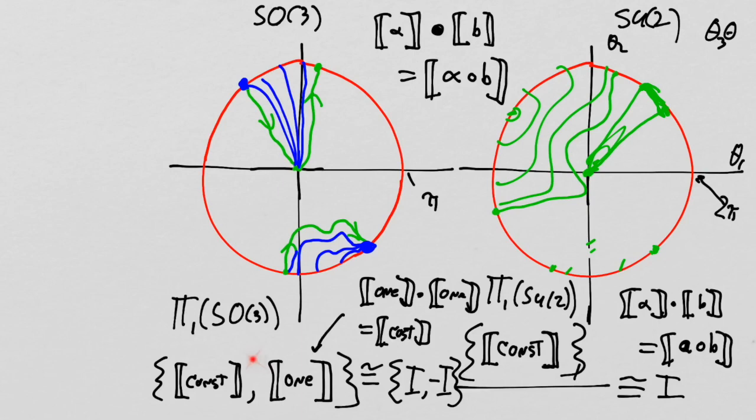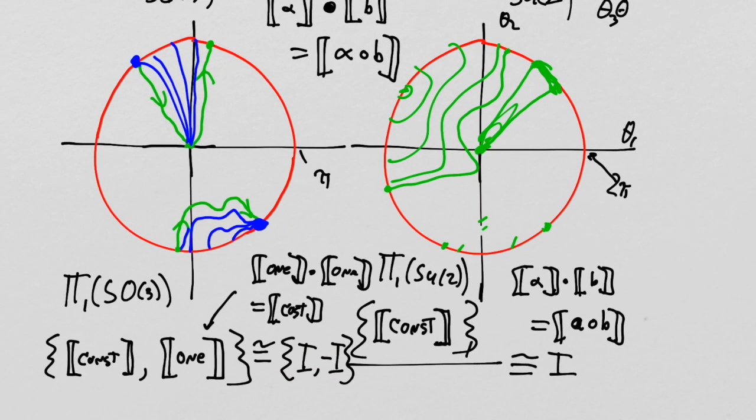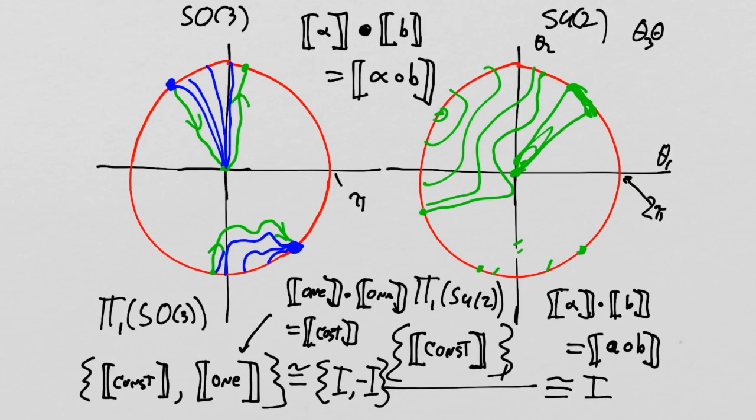The point is this group is ultimately isomorphic to the group that contains just the identity and minus the identity, just like this group is isomorphic to a group that contains just the identity. Anyway, we've now discovered that the fundamental group of SO3 and the fundamental group of SU2 are not the same.